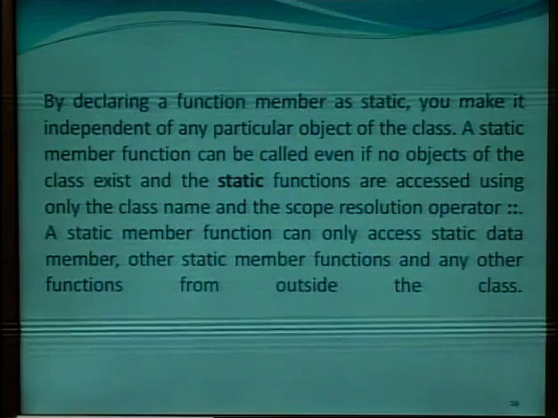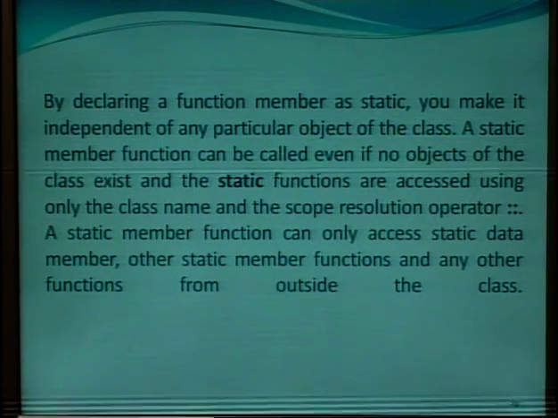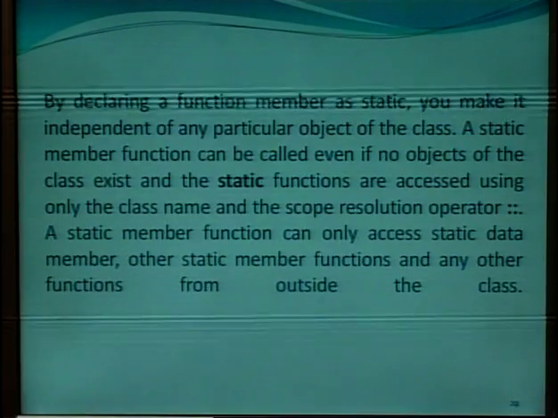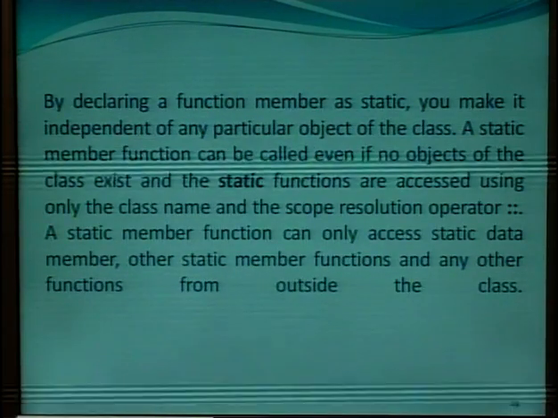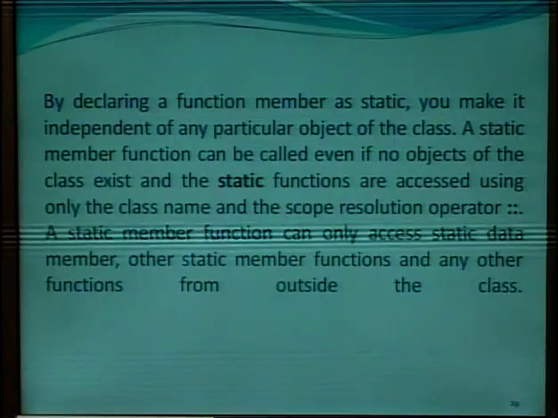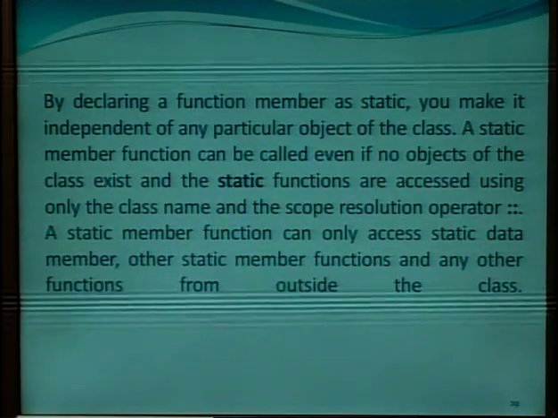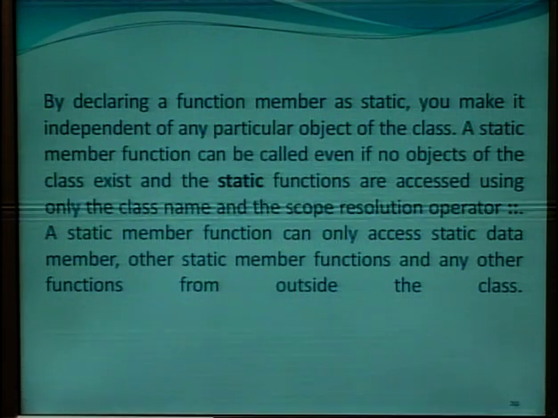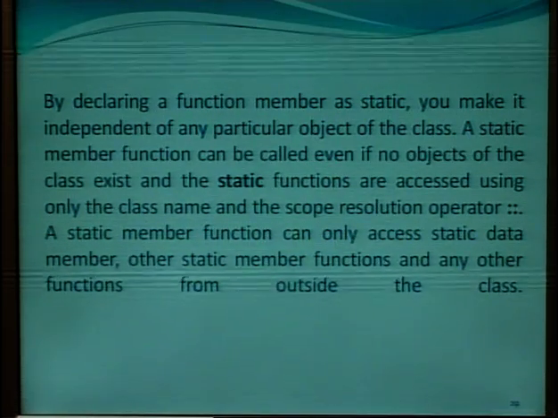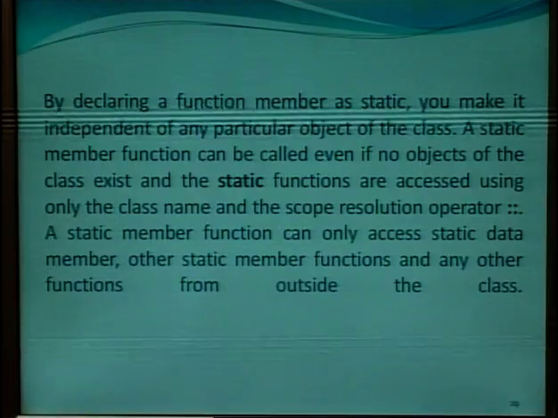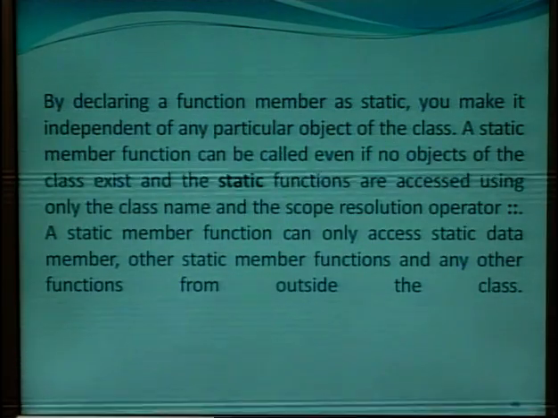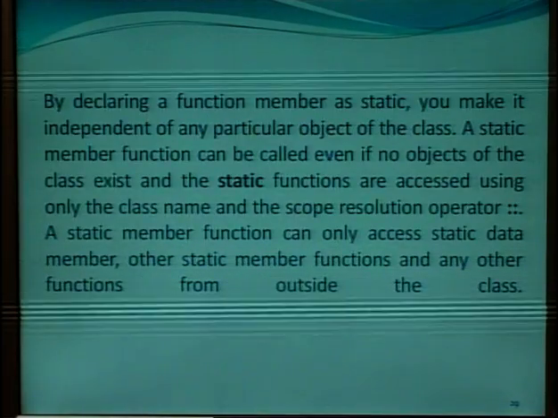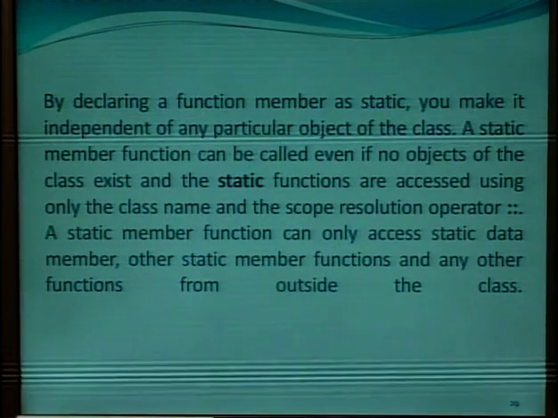By declaring a function member as static, you make it independent of any particular object of the class. A static member function can be called even if no object of the class exists, and static functions are accessed using only the class name and the scope resolution operator.